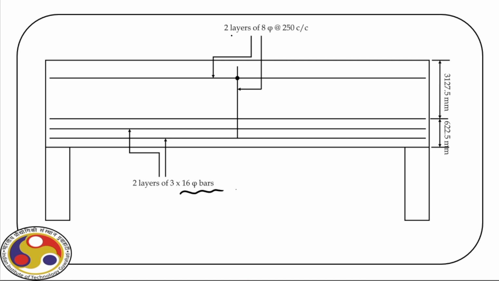So in both the directions, we have uniformly distributed 2 layers of 8 millimeter bars at the rate 250 center to center. And the zones are marked. Bottom zone for main reinforcement, it is 622.5 millimeter. And for the remaining part, the horizontal bars are uniformly distributed at a center to center spacing of 250 millimeter. And these are the vertical reinforcement. So that shows the complete detailing.